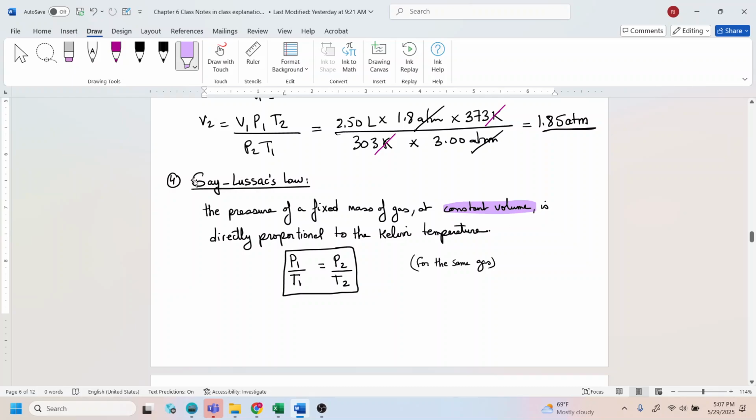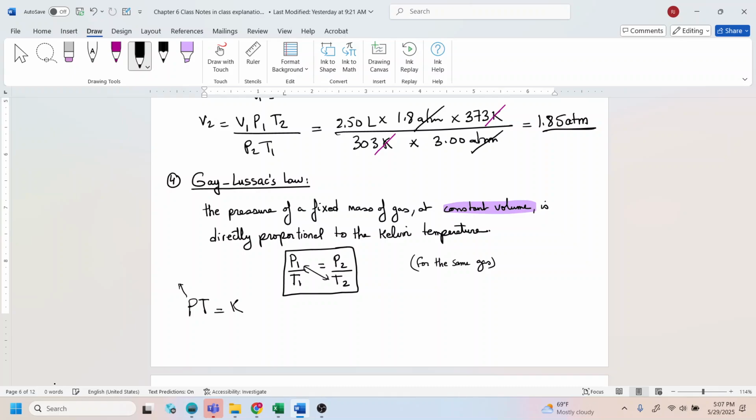The fourth gas law is Gay-Lussac's law, and this law applies whenever the temperature and the pressure vary at a constant volume. So you can see that the pressure is proportional to the temperature, because I can say over here that P over T is equal to a constant.